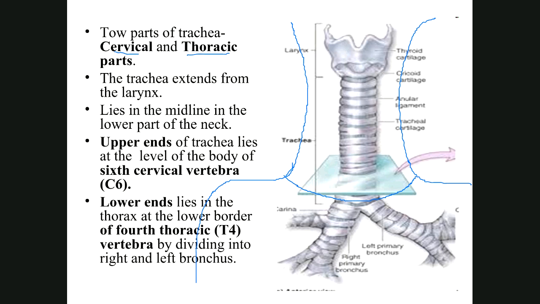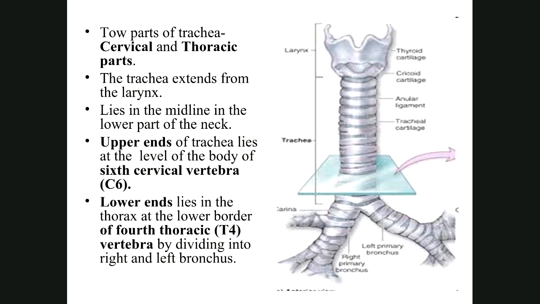So this part is called cervical. Below this is the thoracic. So it has two parts, the cervical and the thoracic parts.